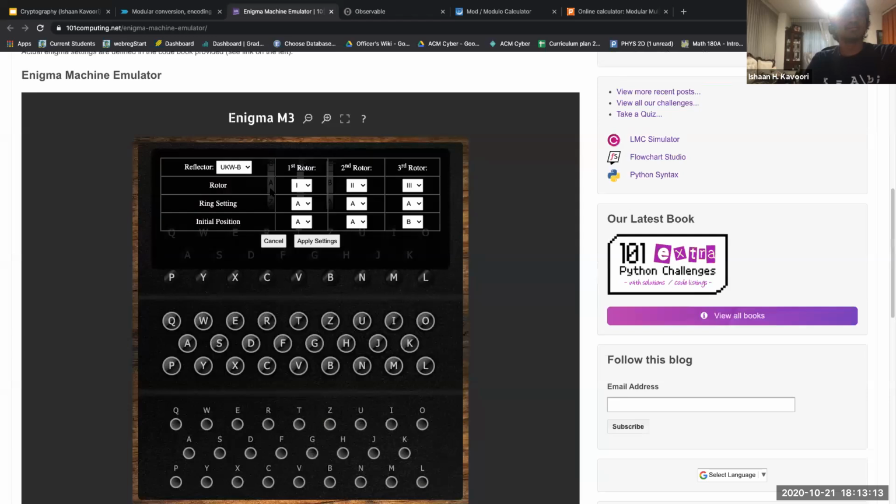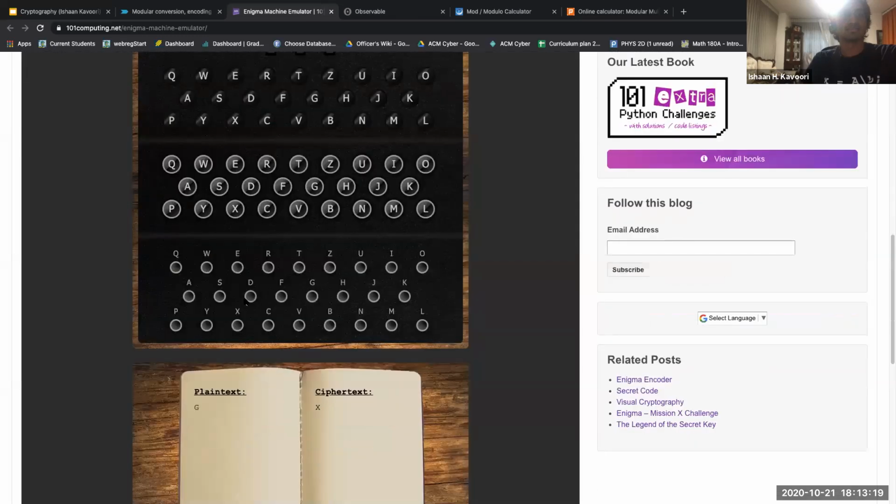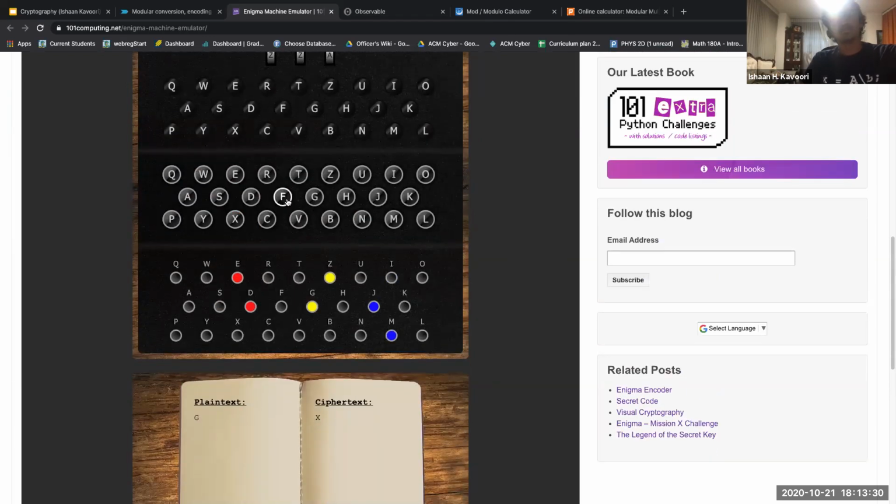Now, there are multiple different rotor settings and starting positions, as well as this plug board, which you can use to swap two letters just before they come out, like that, for example. Now, you could type up your message like, hello there.